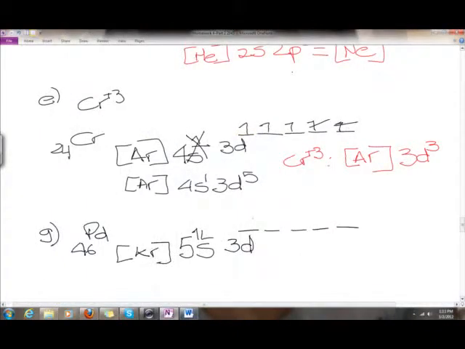Not one of the exceptions. And you'll see 1 2 3 4, sorry for this one, 6 7 8. So what happens, this is a little bit drunk, this electron. So what happened is we have a Pd.